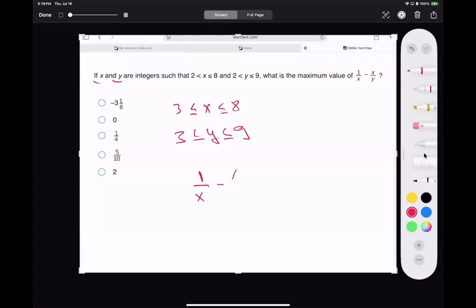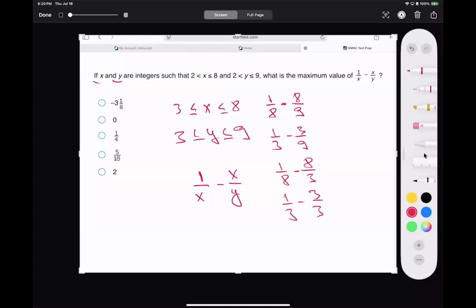Okay? Now the minimum and maximum: 1 over 3 minus 3 over 9. Now the maximum and minimum: 1 over 8 minus 8 over 3. Okay? Now the two minimums: 1 over 3 minus 3 over 3.